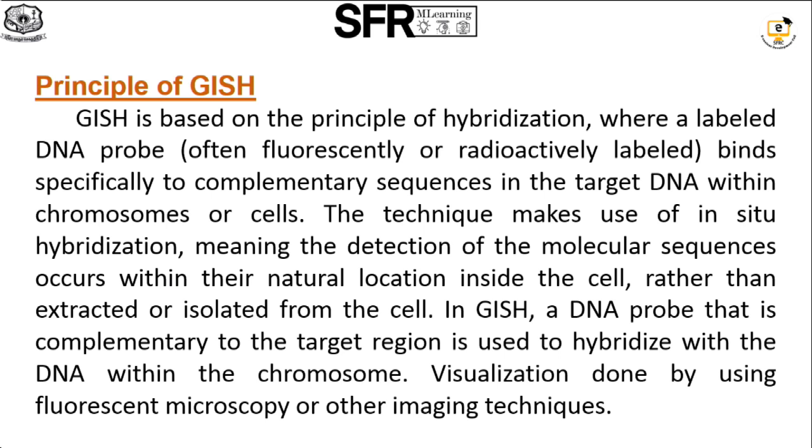These cells are considered our target cells. Thus, this technique makes use of in situ hybridization, which means it is used to detect the molecular sequences in their natural locations inside the cells, rather than being extracted or isolated from the cells. So we can easily find the location of sequences inside the chromosomes. We do not need to extract or isolate them from the cells.